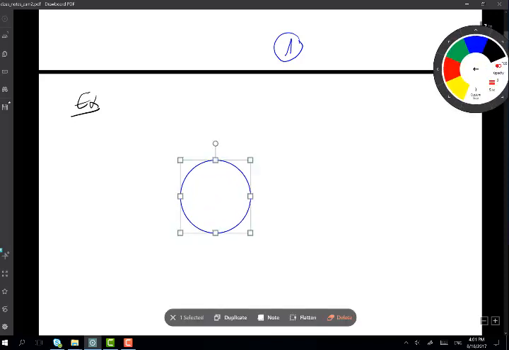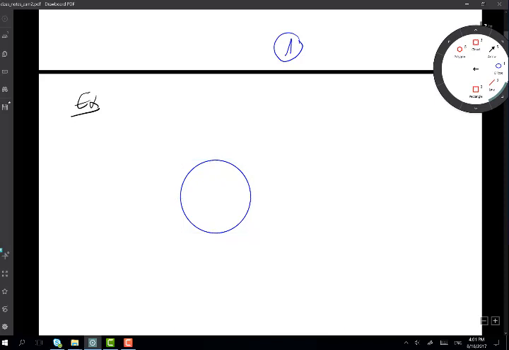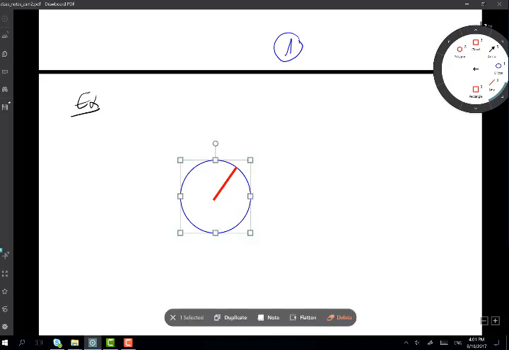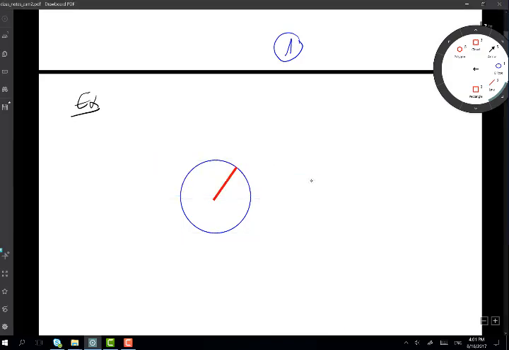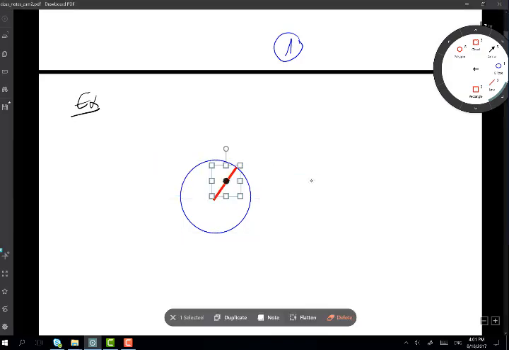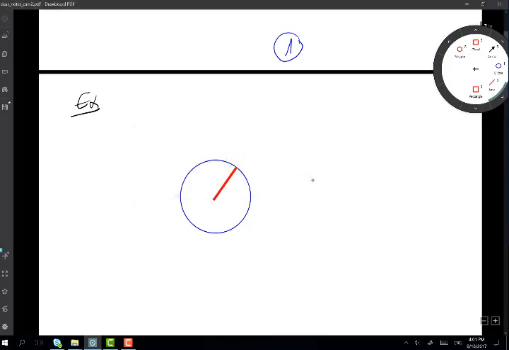This is the crank here, right? Let me flatten this, and I'll insert another line to say this is my ground.